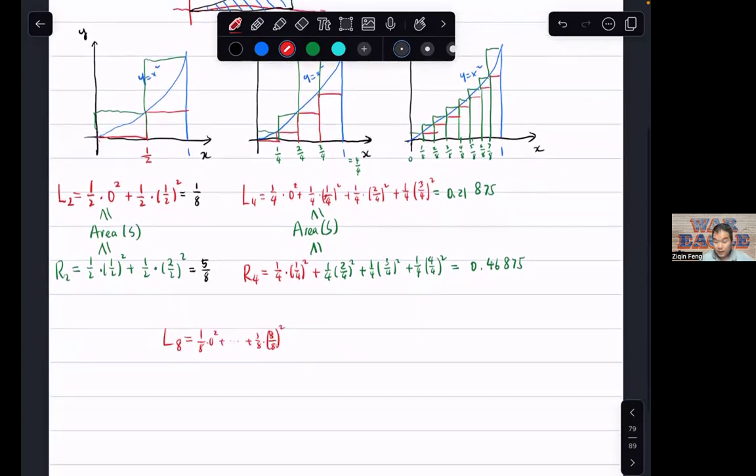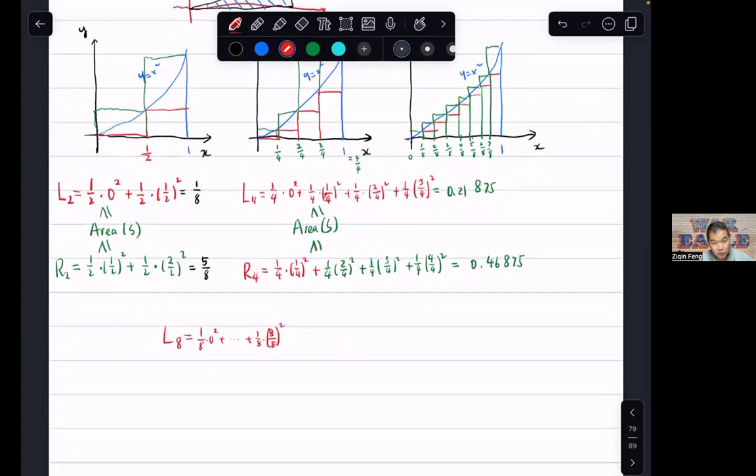If you want to write this down using the standard summation notation we just introduced, this is the summation over i from 1 to, wait, the last one should be 7, right? This is the left endpoints, so the last one should be 7.